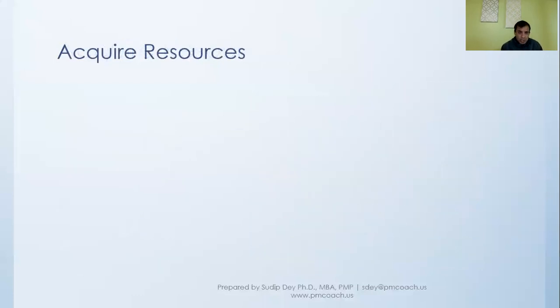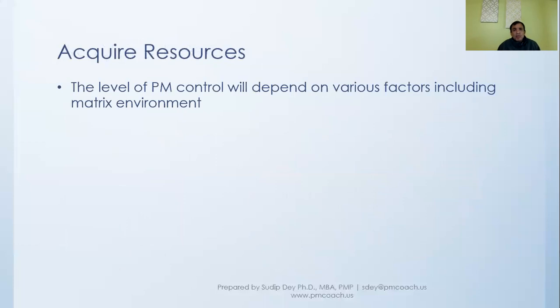Now, when we are acquiring resources for our project, we have to realize that as a project manager, the authority and control that we'll have will not be the same in all organizations. And we need to be cognizant of that.